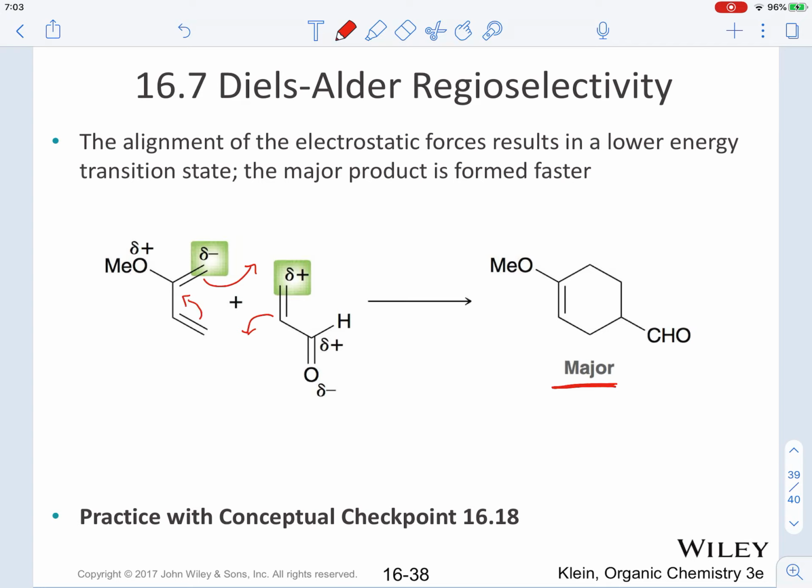Just take the electrostatic forces that are going to be created into account when you're trying to determine the major product of this reaction. This alignment of the electrostatic forces results in a lower energy transition state, so the product that we have written is going to be the major product that forms faster in the reaction. Make sure that you practice in section 16.18 in the textbook the regioselectivity that can occur in these types of reactions.